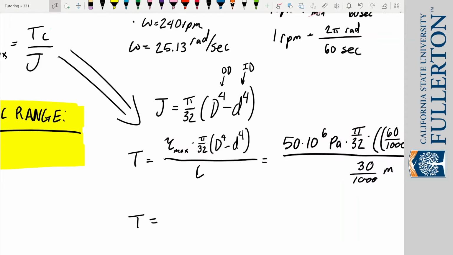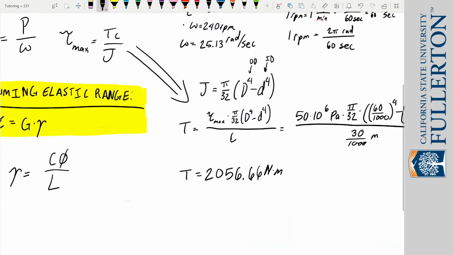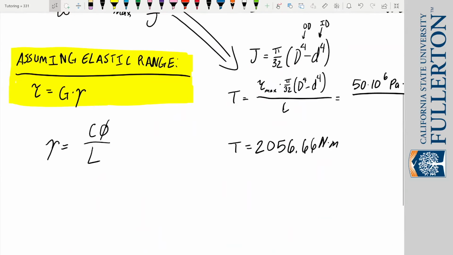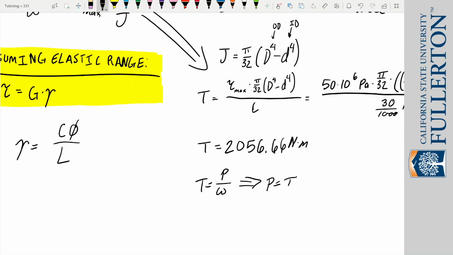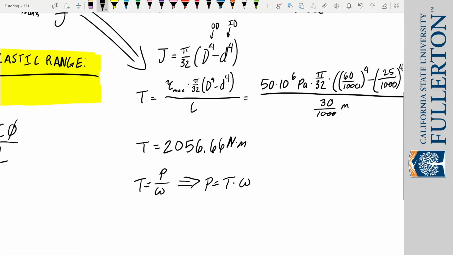Plugging that into my calculator here, I should get torque is equal to 2056.66 Newton meters of torque. Now we're going to want to apply the equation T is equal to P over omega, and we're just going to solve for our power. So power is equal to torque times our angular velocity.